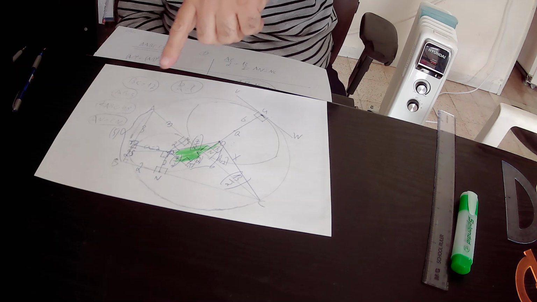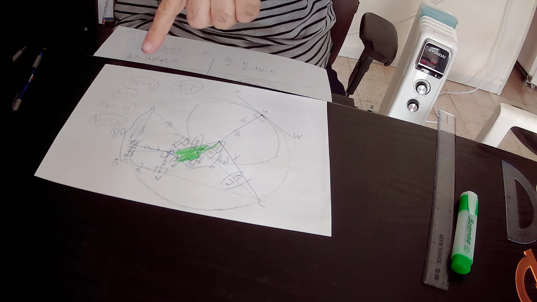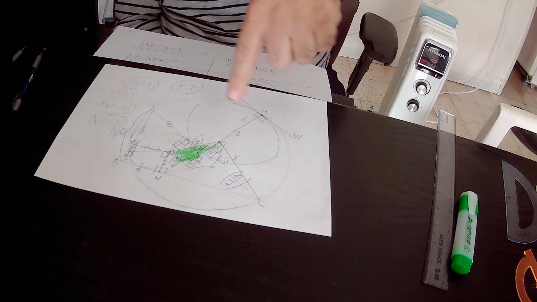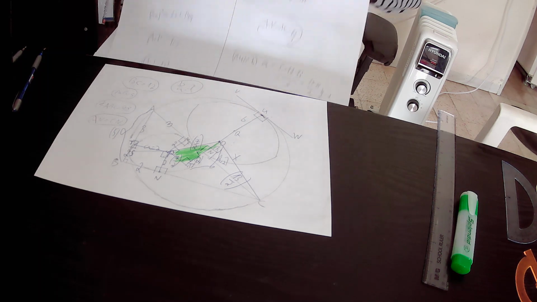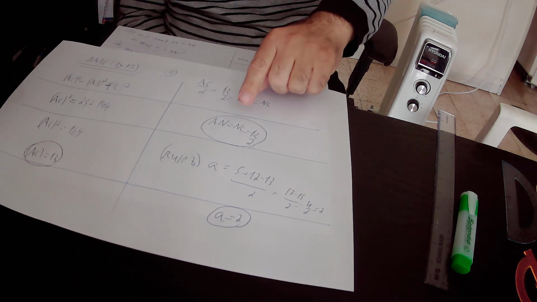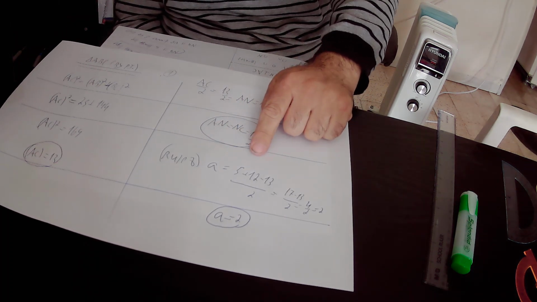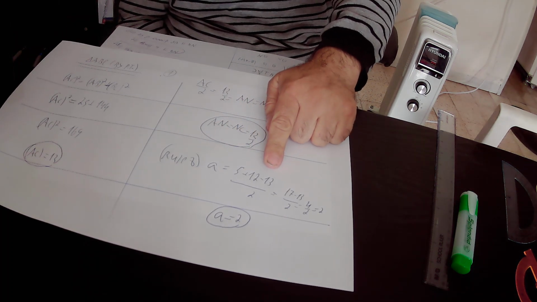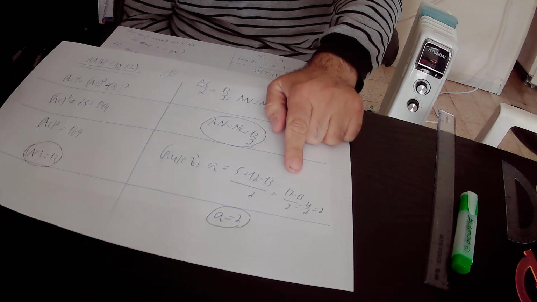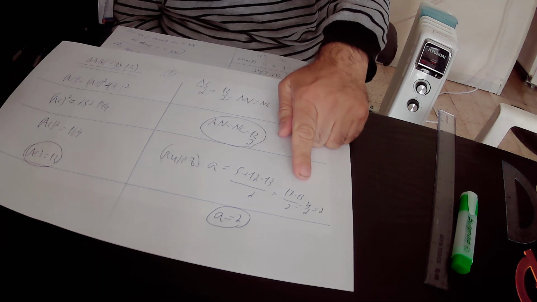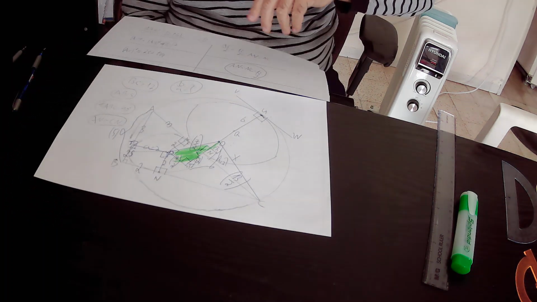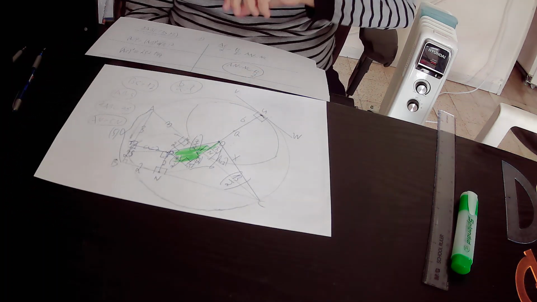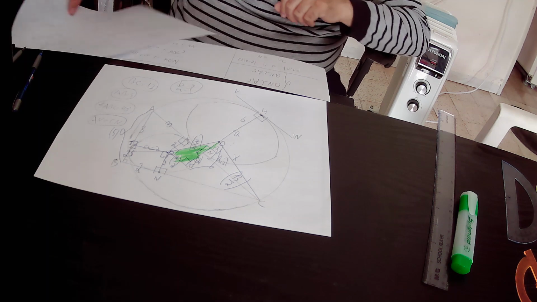So A equals AB, that is 5, plus BC, that is 12, minus AC, that is 13, over 2. So the radius A of the small circle equals 5 plus 12 minus 13 over 2. 5 plus 12 is 17, 17 minus 13 is 4, and 4 over 2 is 2. So we found that A, the radius of the small circle, equals 2 units.